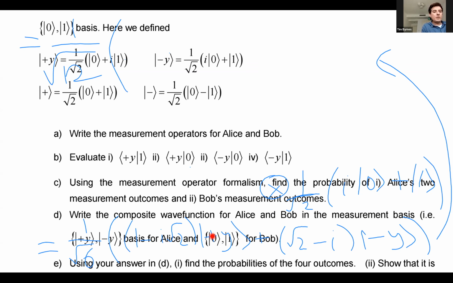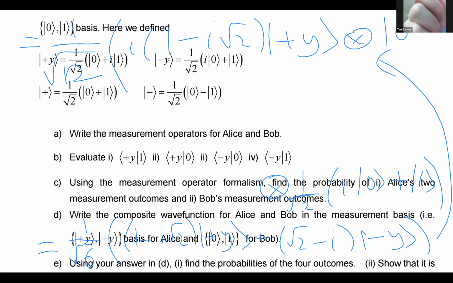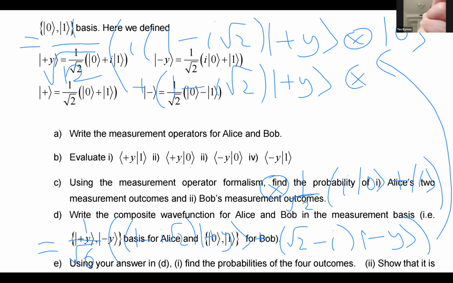So the first combination, where we multiply this one and this one, is i times 1 minus i root 2 of plus y and 0. Second term, this term and this term, is 1 minus i root 2 plus y and 1.